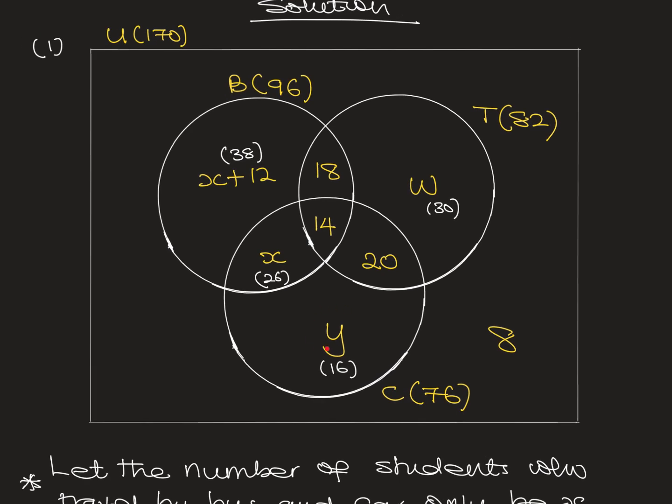So car only is here, okay? We cannot use this because this 20 here is the person is using train as well. We cannot use this because here the person is using all the three means of transportation. We cannot use here because the person is also using bus as a means of transportation. So car only is 16. So that's going to be 16 over the total, which is 170.